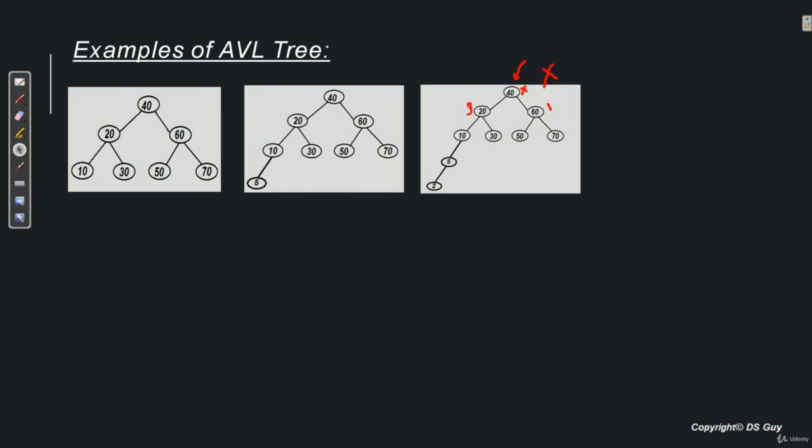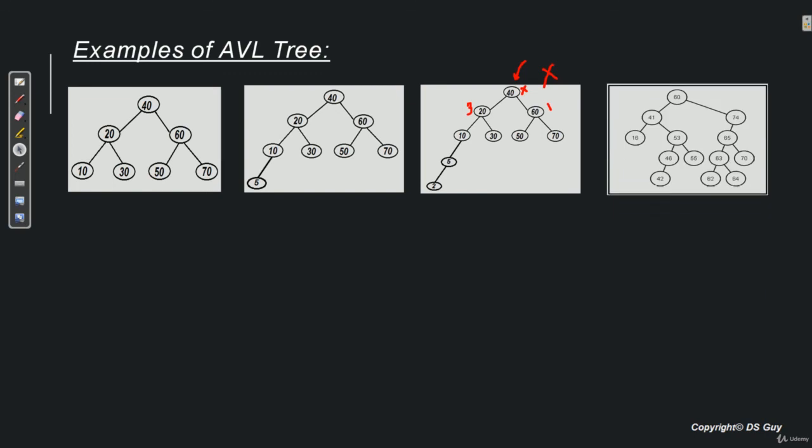Fine. Now let's see one more example. Again, this is a binary search tree and we start from the root node. The height of the left subtree is 1, 2, 3. The height of the right subtree is 1, 2, 3. So 3 minus 3 is 0. We are good.